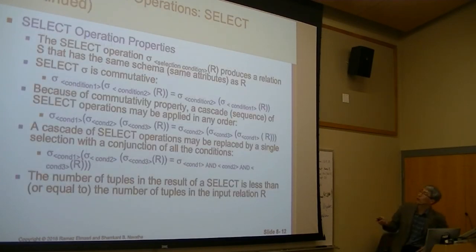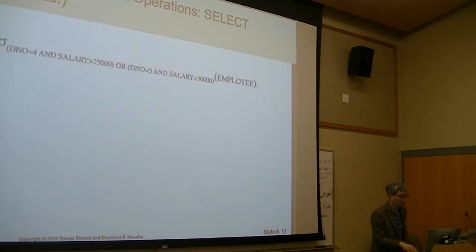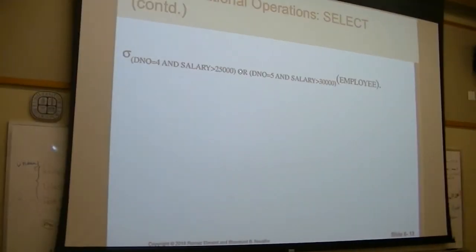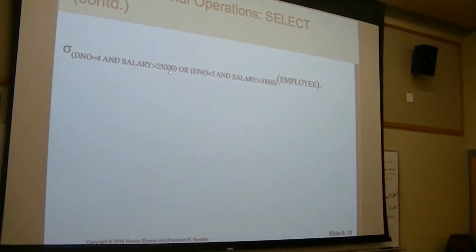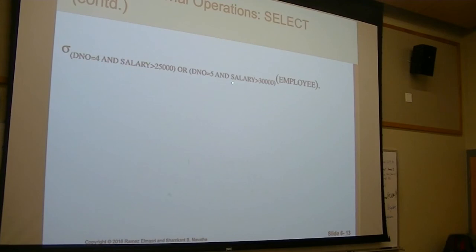So for example, we can apply the commutative property, as we have seen here, and we can cascade. I believe that you understand this one. What is the meaning of this? It's a very long condition, but not very complicated. From employee, there's the logical operator OR, so either this one or this one.